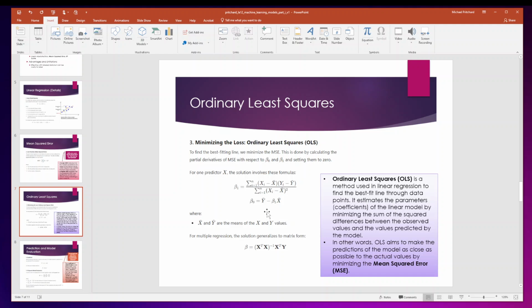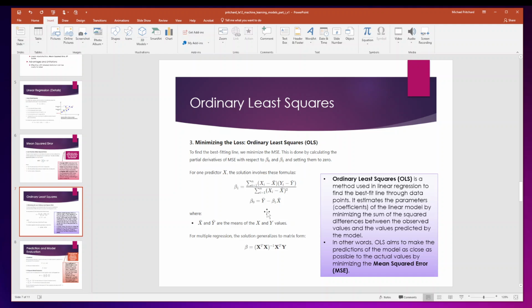So we're trying to minimize the MSE, or mean squared error, and that's what OLS does. It's an optimization that takes the partial derivatives of the MSE with respect to the coefficients, and then sets them equal to 0. What this helps to do is give us the best fitting line, or if it's a multiple regression, a hyperplane, but in this case, because we're just doing a simple regression, it's just a line of best fit.